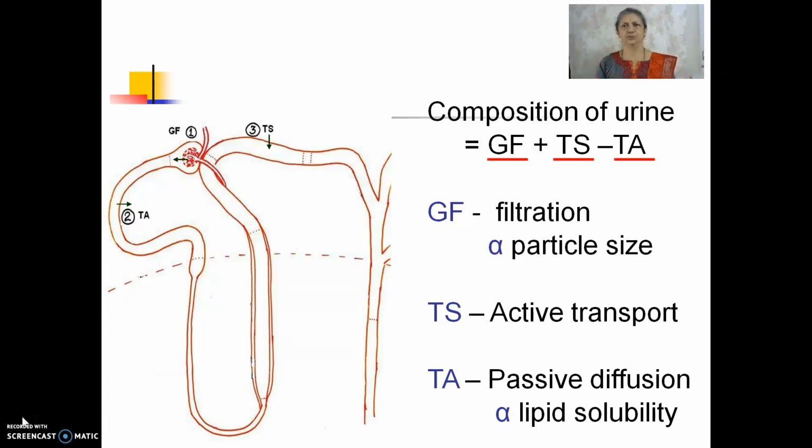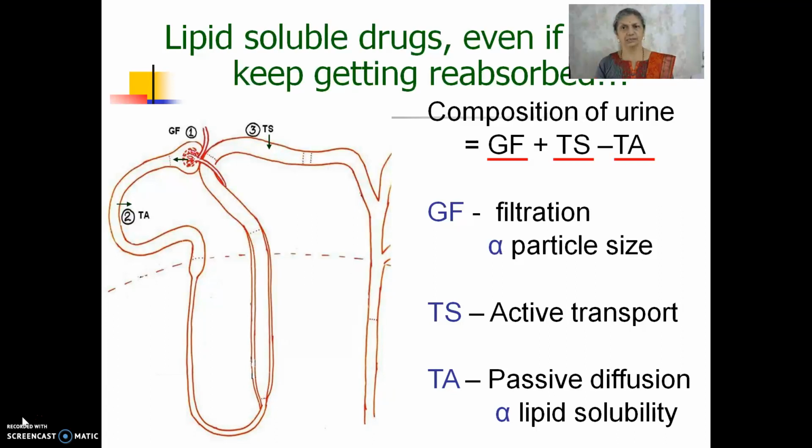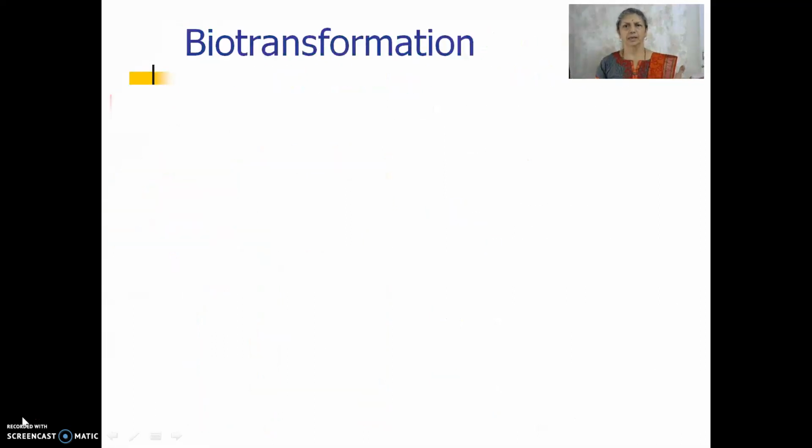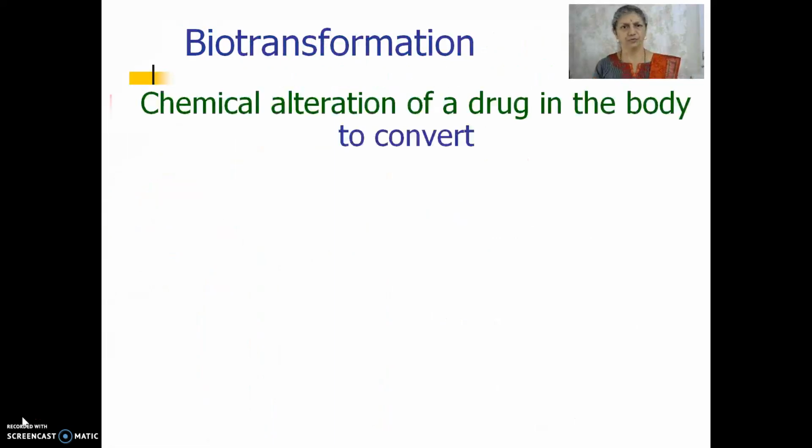They have to leave through the urine. But lipid-soluble drugs, even if filtered, keep getting reabsorbed. Is that clear? And therefore, how does body get rid of these lipid-soluble drugs? If they're going to be filtered and again reabsorbed, body has to convert them into lipid insoluble form.